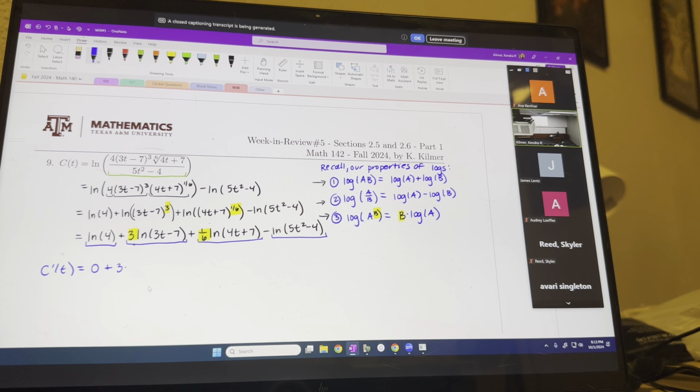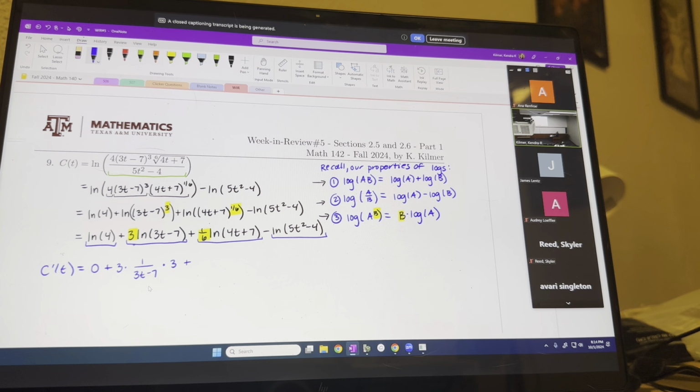So this is just going to be 3 times the derivative of the outside evaluated at the inside. So 1 over 3t minus 7 times the derivative of inside. What's the derivative of the inside function here? 3, right? Because the derivative of 3t minus 7, it's a difference. We can just find the derivative of each piece. The derivative of 3t is just 3 minus the derivative of a constant by itself is just 0.